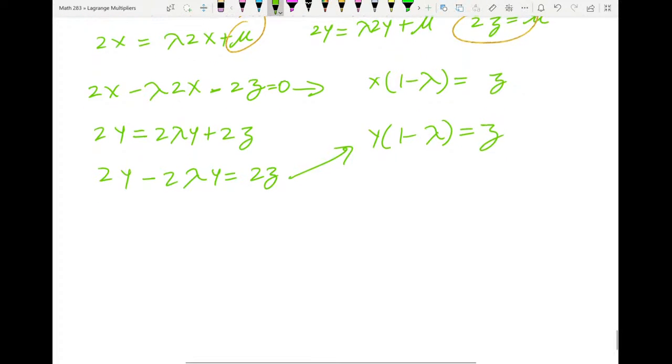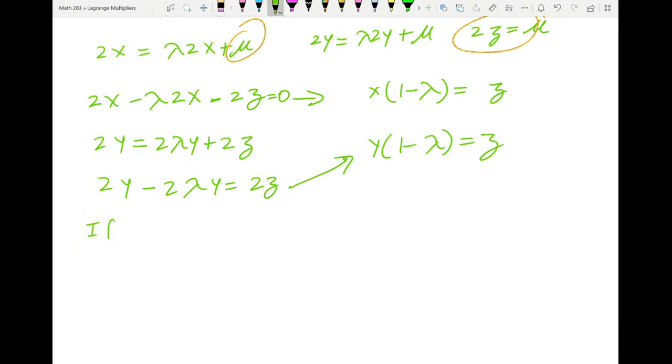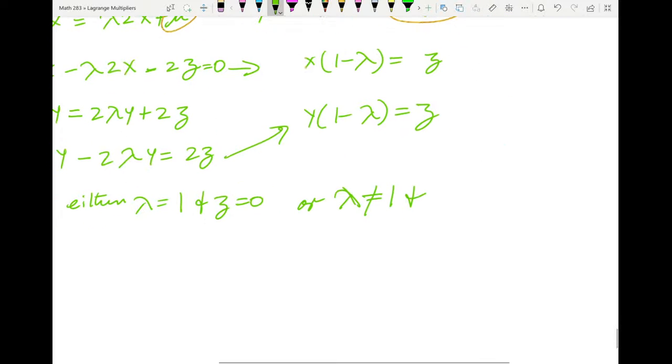Now the order matters. You will see that. If either lambda equals 1 and z equals 0, or lambda does not equal 1, then what happens to the equation? x equals y, which equals z over 1 minus lambda.